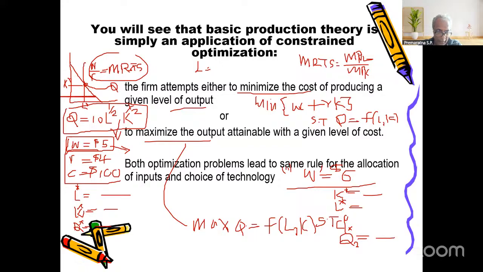You have to draw the new development, also the original, and show it on the same chart. That is a part of the question also. It reduces output from Q1 to Q2. So that is here.